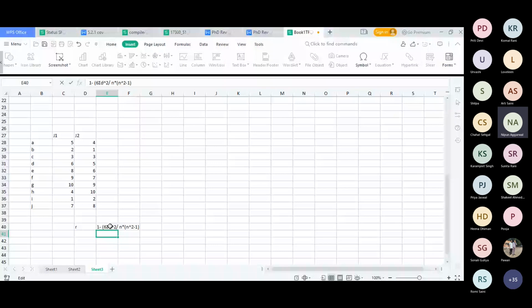The 1 minus is separate, and the division applies only to the second term. So that is the formula for Spearman's rank correlation, which says R equals 1 minus 6 sigma d square divided by n into n square minus 1.